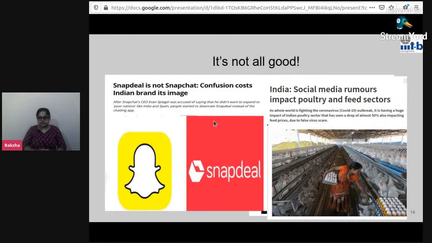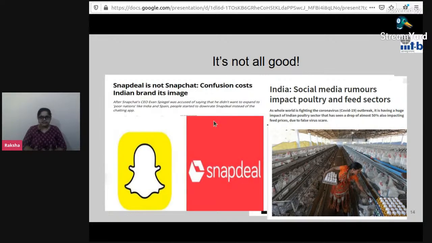So it is very clear to us that the web is not something that has to be left on its own. We need to do something about it. We need to make sure that the web is a positive platform, which creates a positive impact on human beings.